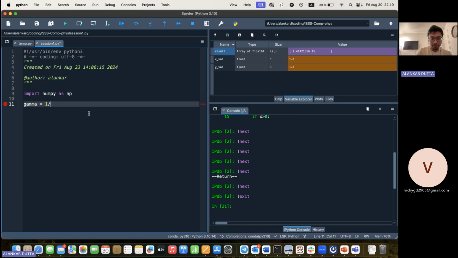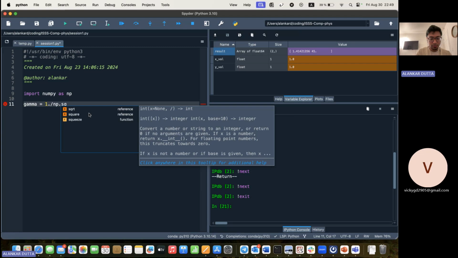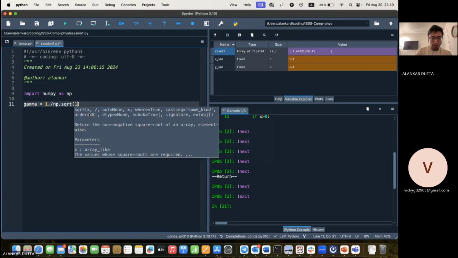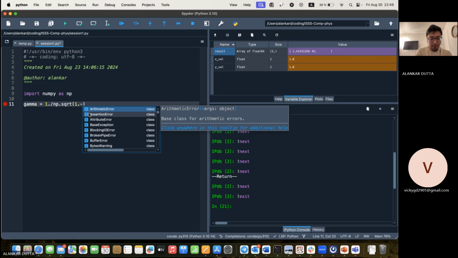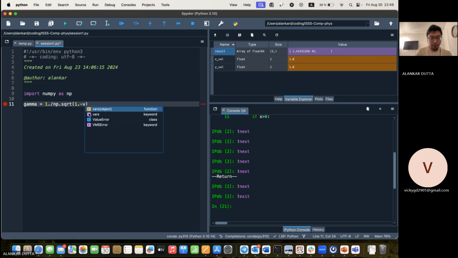And the Lorentz factor, if you look at gamma, it's 1 by np.sqrt of 1 minus (v by c) whole square, right?